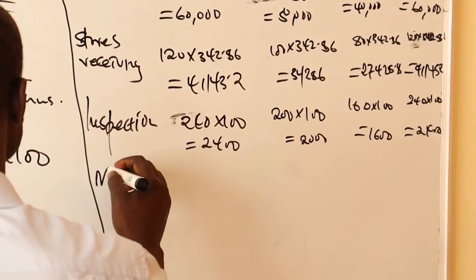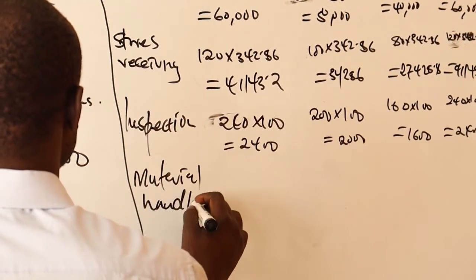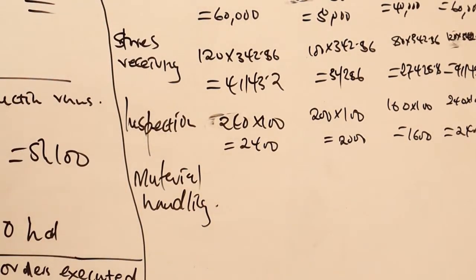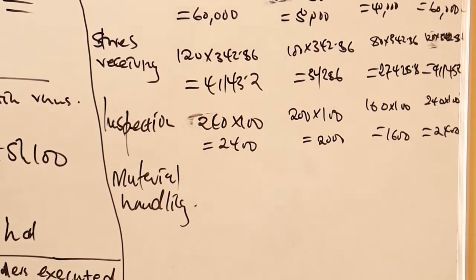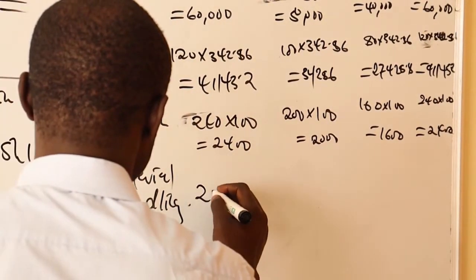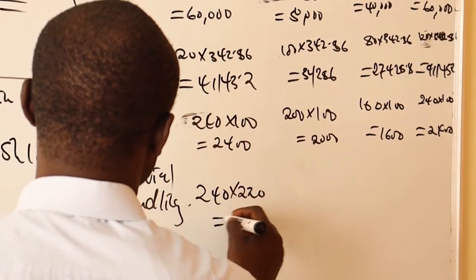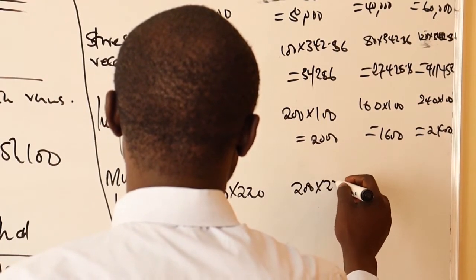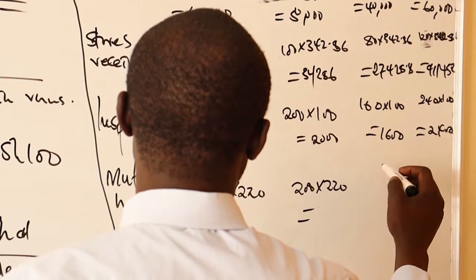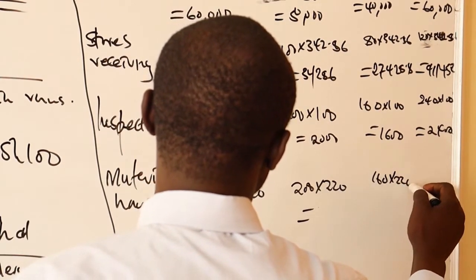Lastly, material handling. Material handling will be the last one. We're going to multiply by the number of orders executed, which is 220. So this one will be 240 times 220. This is going to be 200 times 220. And this is going to be 160 times 220.